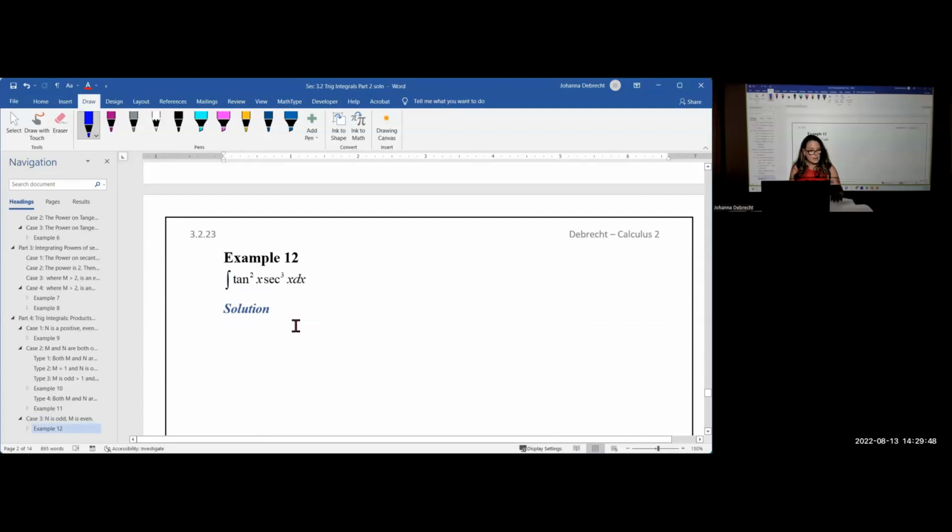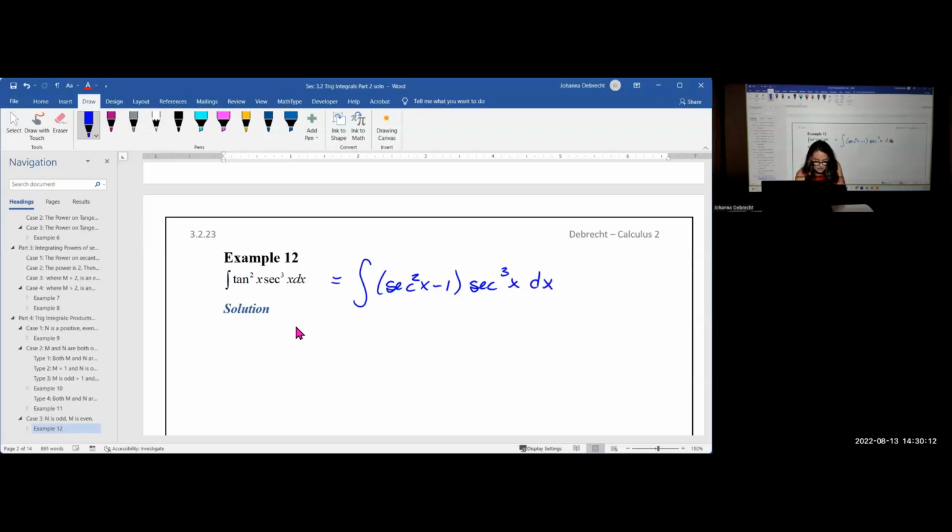So what we're looking at on this one is we want to integrate tangent squared times secant cubed of x dx. So I'm going to take the tangent squared and I'm going to convert it. So this is going to become secant squared of x minus 1 times secant cubed of x dx, right?